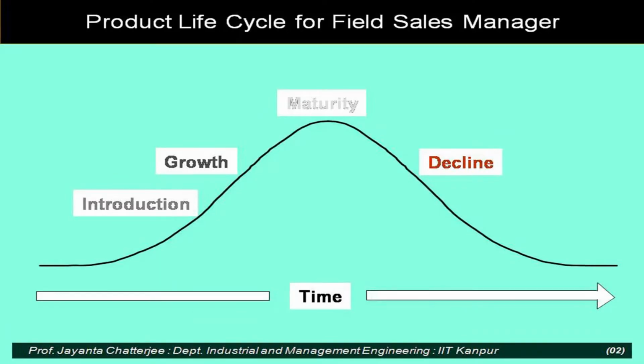This diagram that you see here is quite famous, and this is the diagram of the product life cycle. We normally draw it like a normal distribution graph. It depicts that all products, all businesses, all technologies have an introductory stage, a growth stage, reach maturity, and then decline over time.